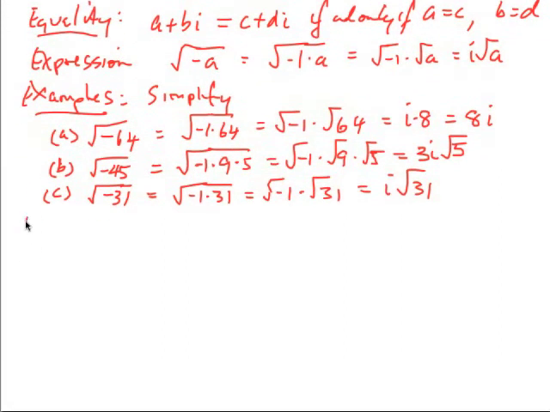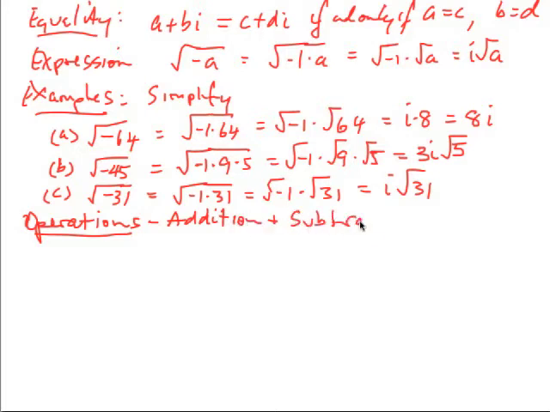All right, let's talk a little bit about operations on complex numbers. In particular, I'm talking about addition and subtraction. Now a couple of things to keep in mind here.